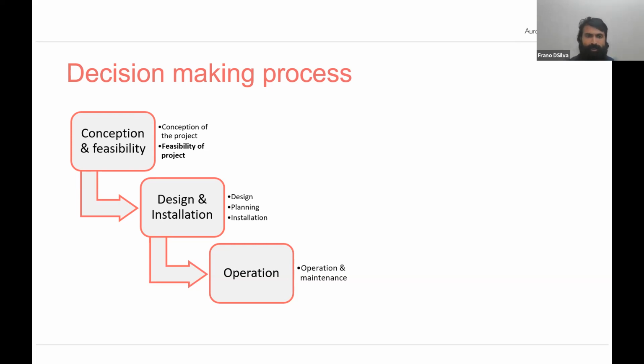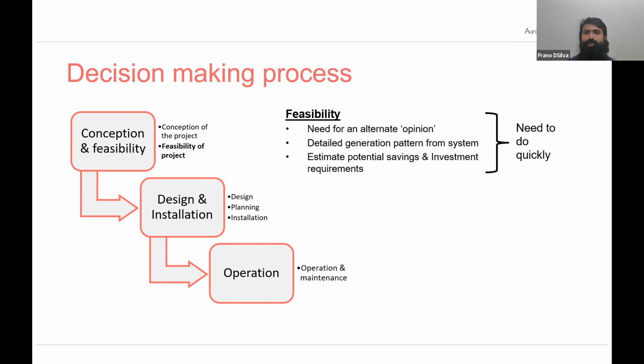After you install this solar system, you will have to operate and maintain it. Now, when we do a feasibility check, we are ensuring that the system we have is an accurate or optimum system for our requirement.